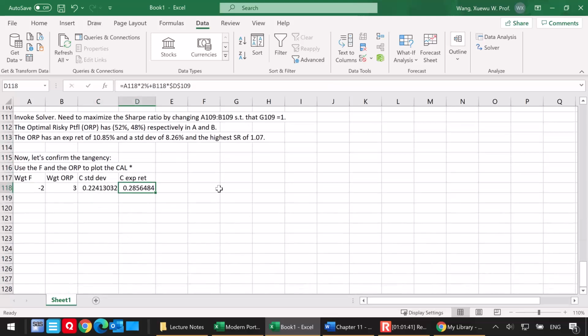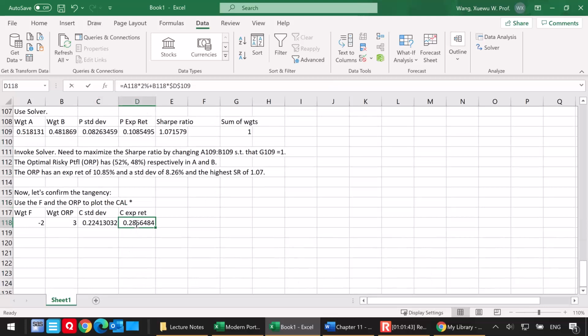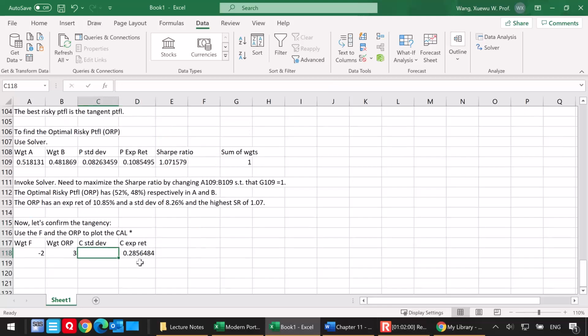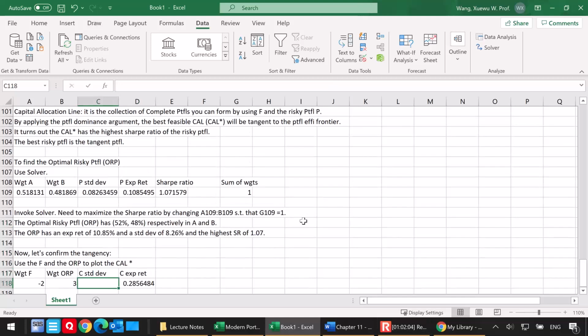Okay, whoops, did I just pick the wrong one here? All right, the expected return is 10.85. The standard deviation is actually 24. All right, I think the formula I just copied is actually not the right one. Okay, because the variance covariance matrix needs to be reconstructed.